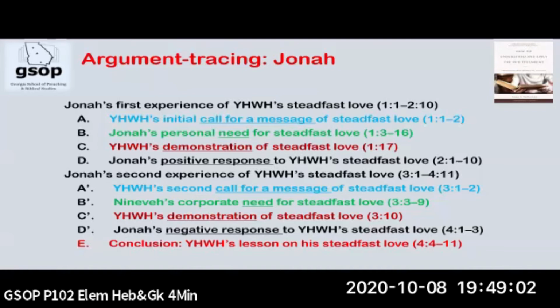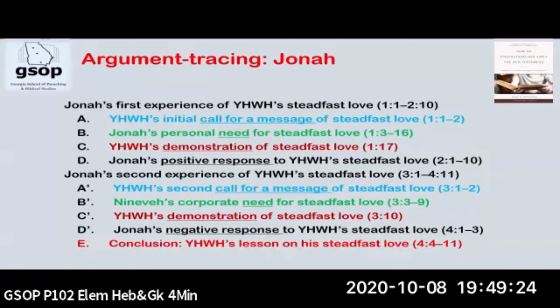I want you to notice that you have this pattern that exists throughout all of Jonah, and I'm going to point to these on here. The blue, first, is God's initial call for a message of steadfast love. That's what we just read.